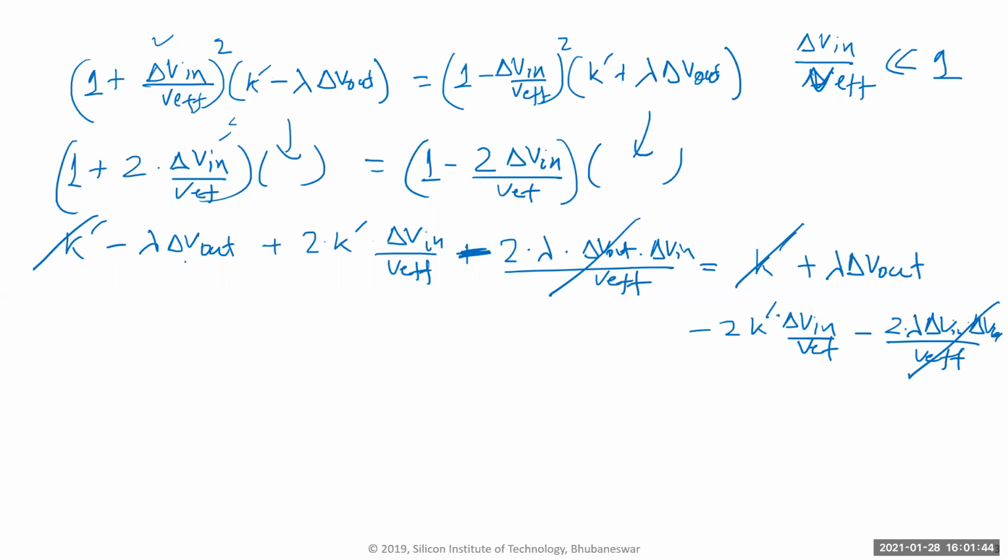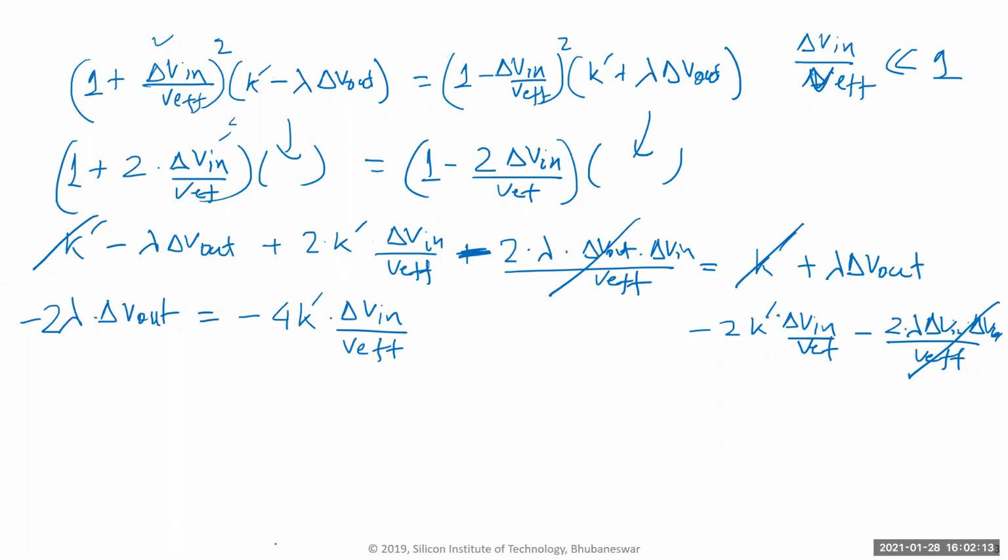Then if I keep all the V out on the left-hand side, I get minus 2 lambda times delta V out, and if I push all the V in into the right-hand side, it becomes minus 4K dash times delta V in over V effective. Is that correct?